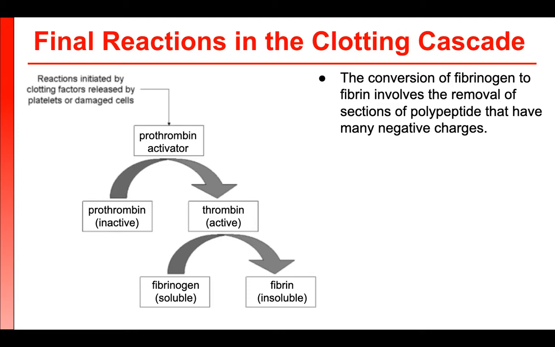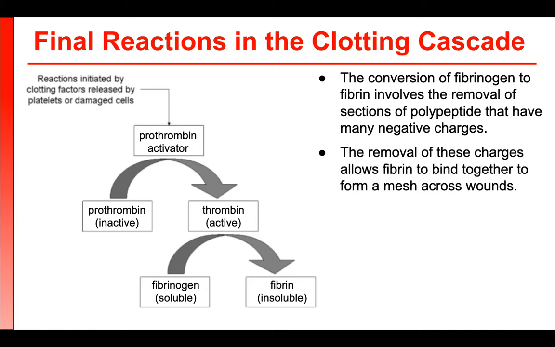So when fibrinogen has all those negative charges, it is soluble in the blood. But once you remove those negative charges, it doesn't interact so well with the aqueous conditions in the blood, and it starts interacting with itself. So the removal of these charges allows fibrin to bind together to form a mesh across wounds.